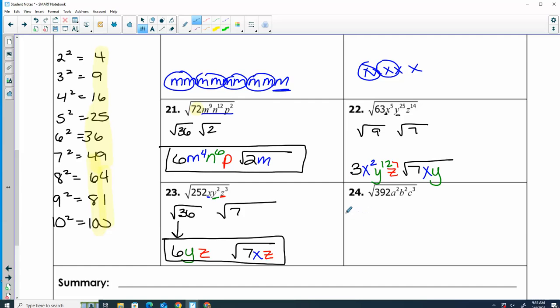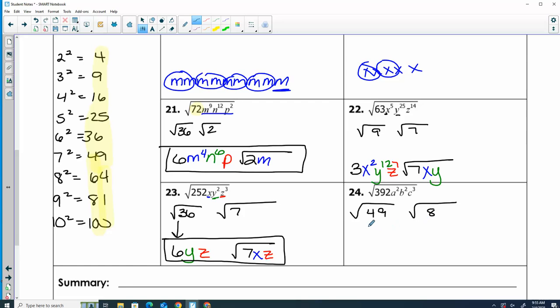Last one. 392. So perfect square that goes into 392. What do you get when you divide it by 49?